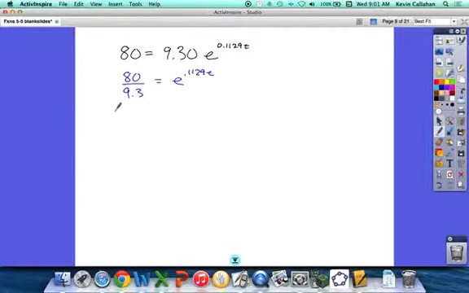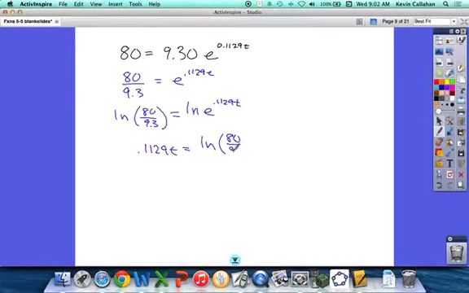ln of 80 over 9.3 equals ln of e to the 0.1129t. But the ln of e to the 0.1129t cancels. All you get is 0.1129t equals ln of 80 over 9.3.